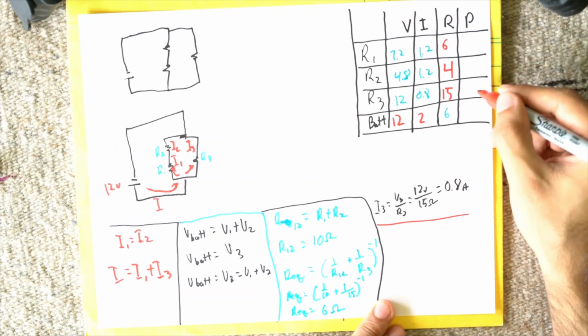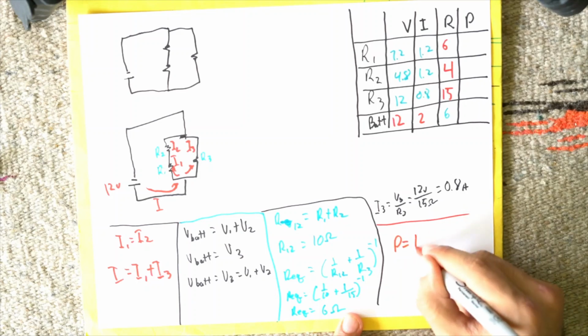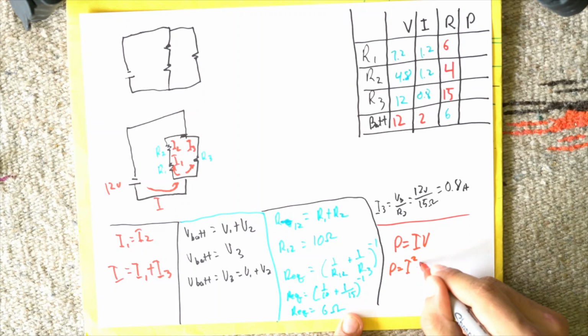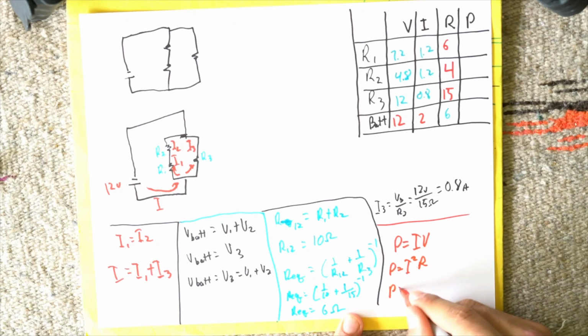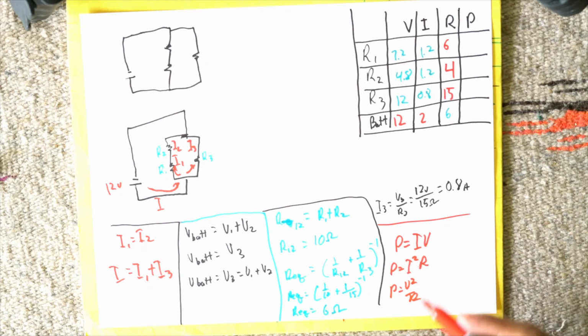So all of these added together has to equal here. So let's do that. Remember Professor IV, or P equals I squared times R, or P equals V squared over R. Use one of them to check your answers. I always do this first.